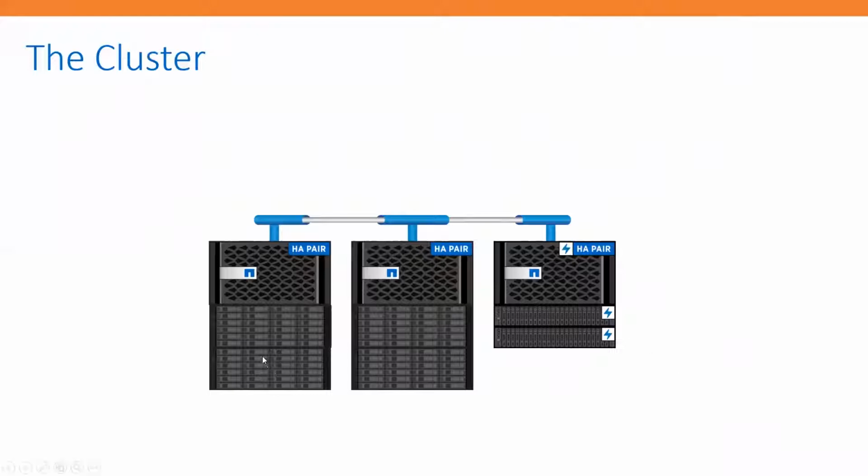So in this picture, if you notice, you are looking at a pair of FAS here, another pair of FAS here, and another pair of storage controllers here. Please understand the idea behind this picture is to teach you that this cluster is actually comprised of 6 nodes.